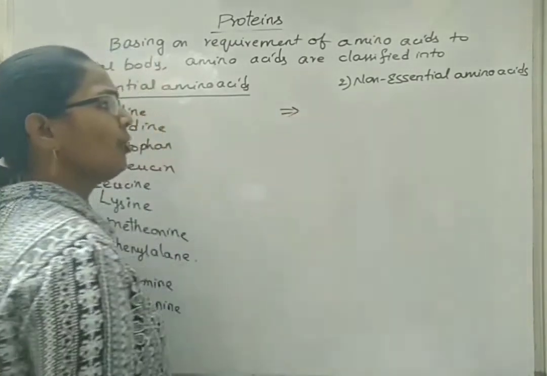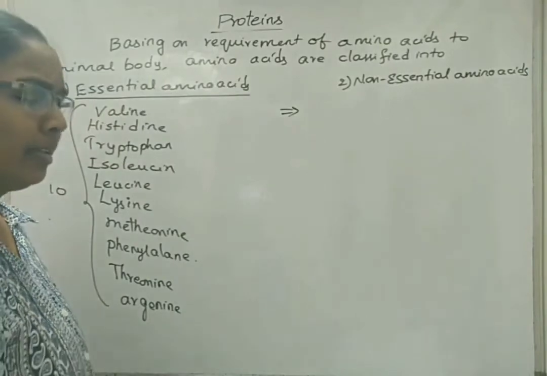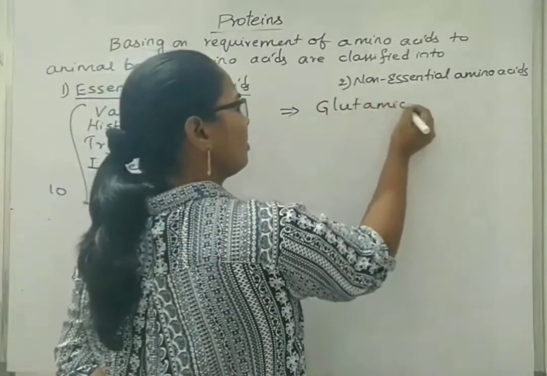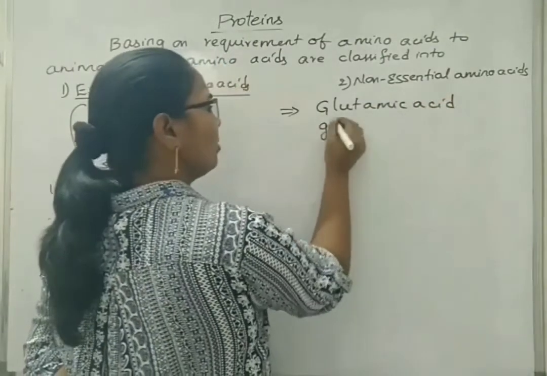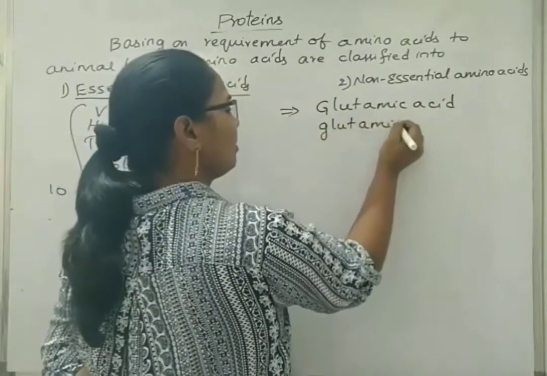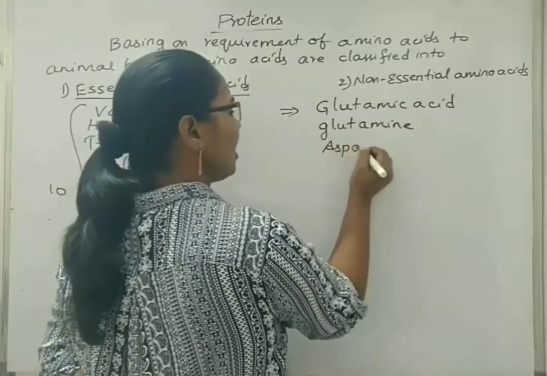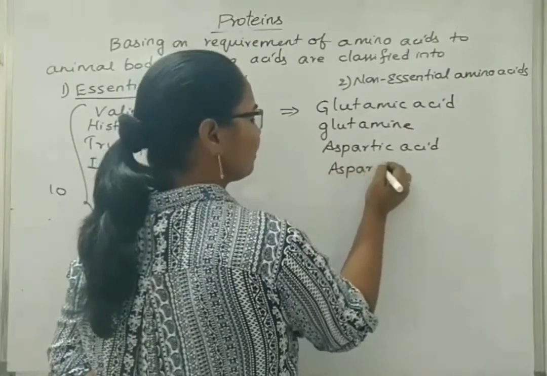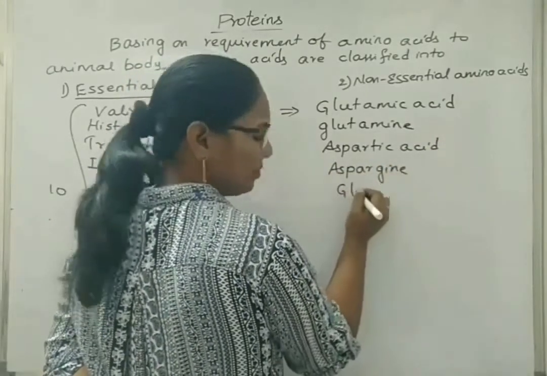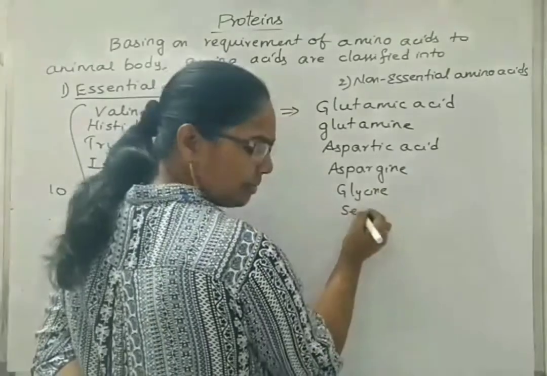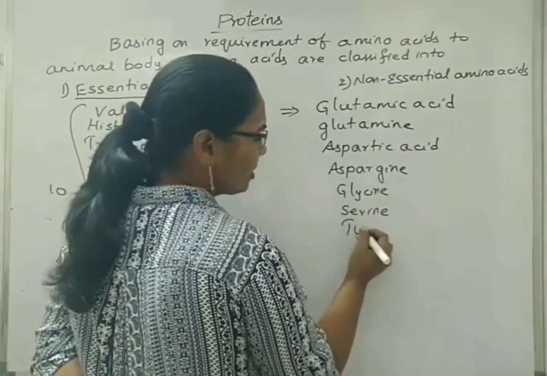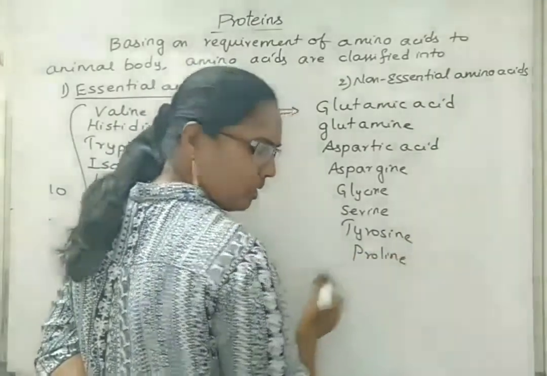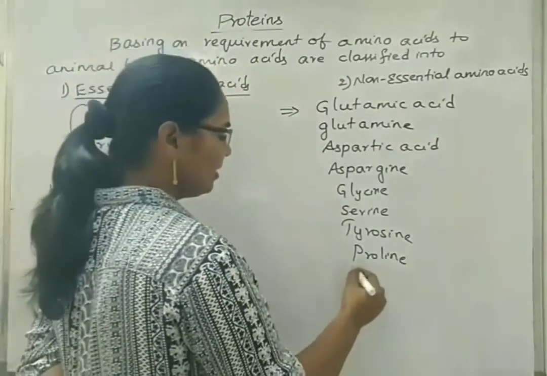Coming to the list of non-essential amino acids. What are they? Glutamic acid, glutamine, aspartic acid, asparagine, glycine, serine, tyrosine, proline, alanine.